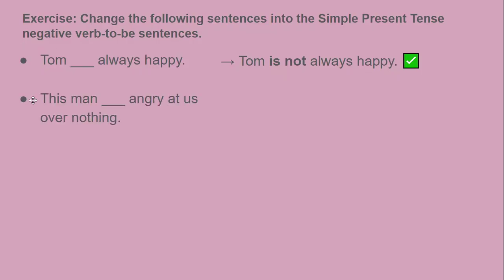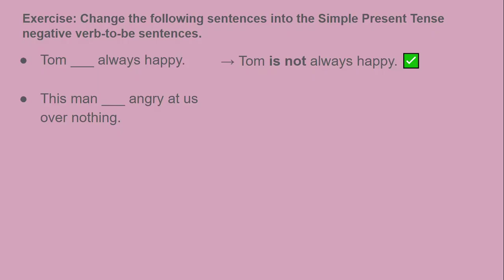Next sentence. This man, space, angry at us over nothing. So the subject is this man. So it's the same as he again. So the subject is he, so it means that we have to use the verb to be is.